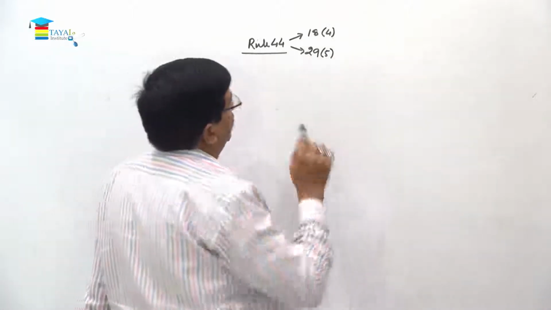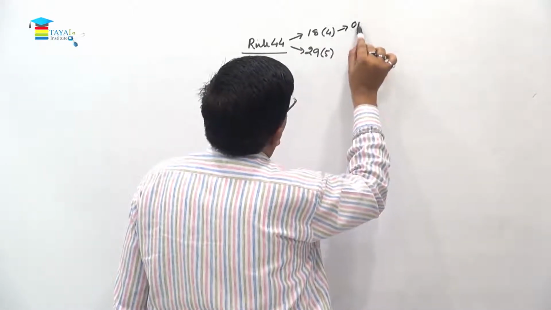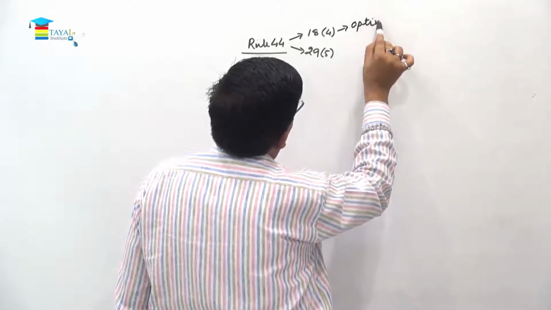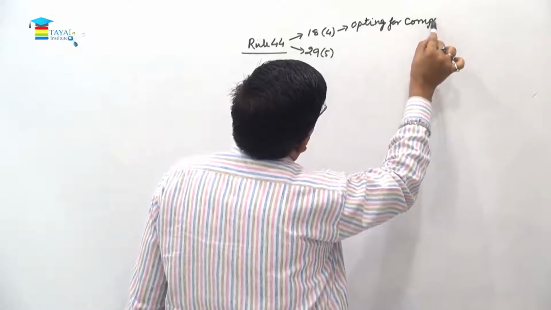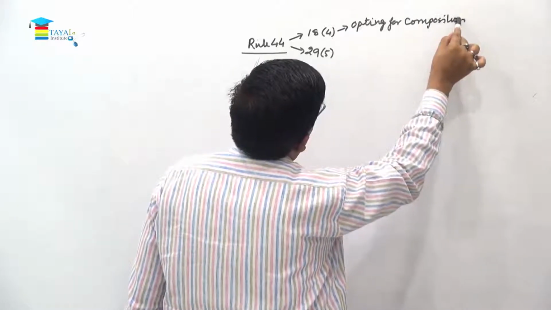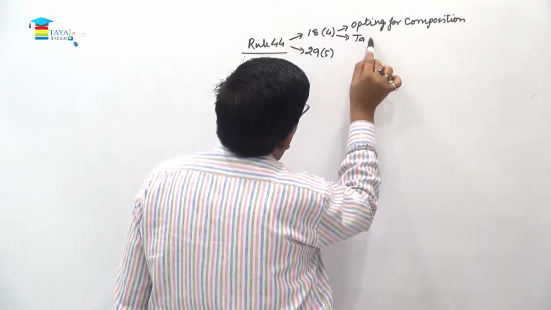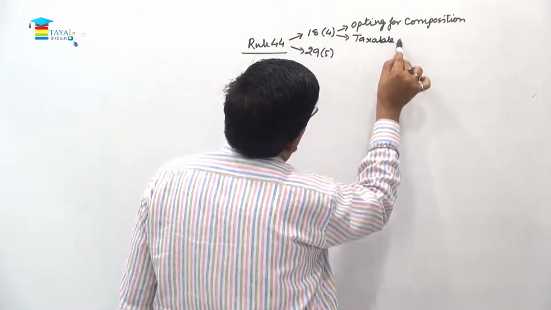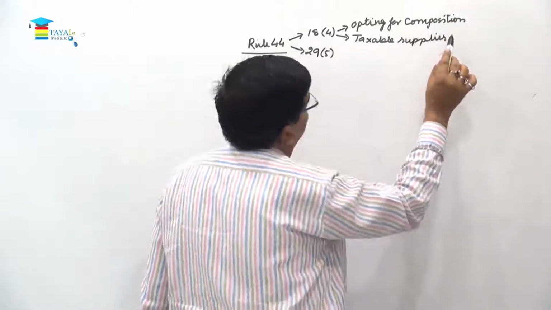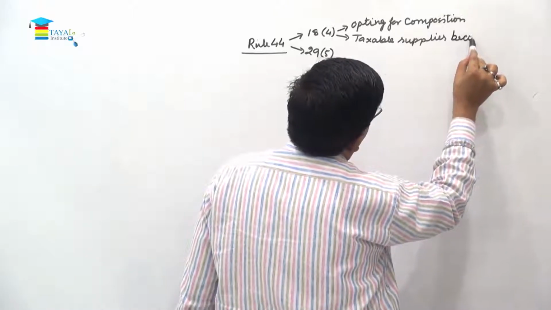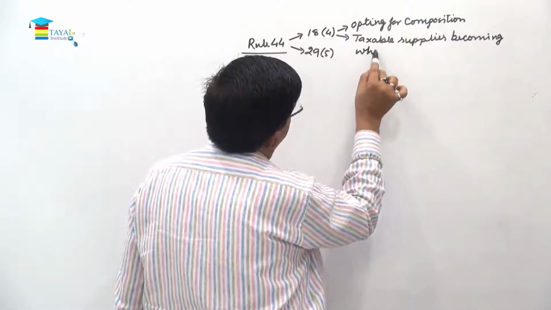In section 18.4, again two things are covered, that is opting for composition scheme, and another situation is taxable supplies becoming wholly exempt.